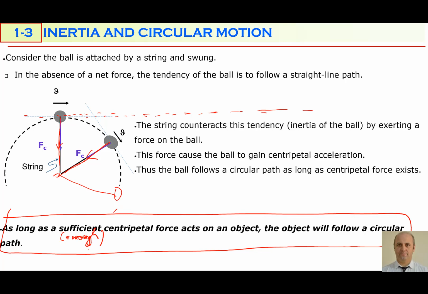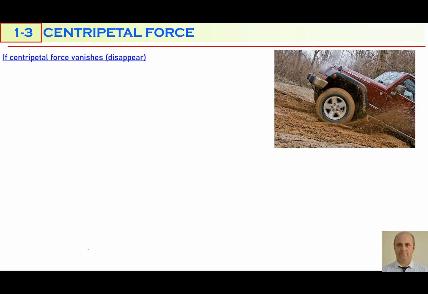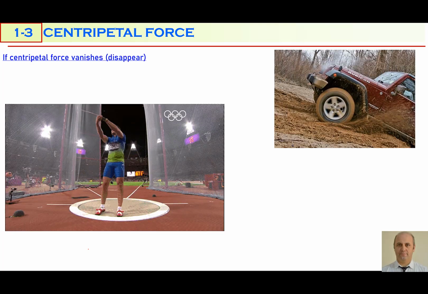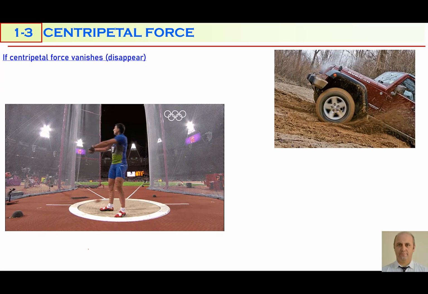However, if centripetal force is not enough, somehow it becomes small, or angular speed increases, then centripetal force cannot be enough. What's going to happen if centripetal force is not enough?